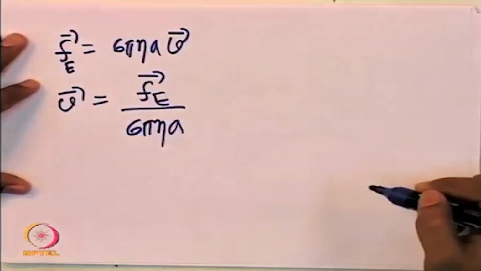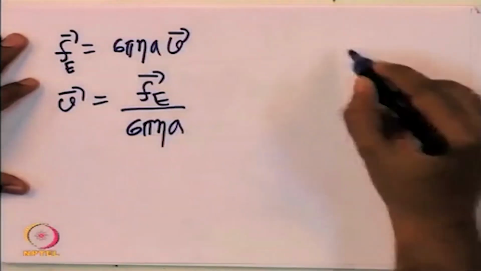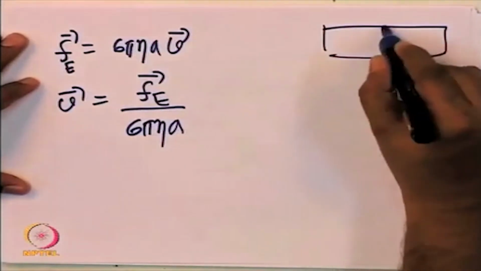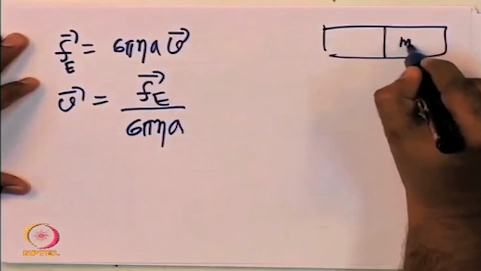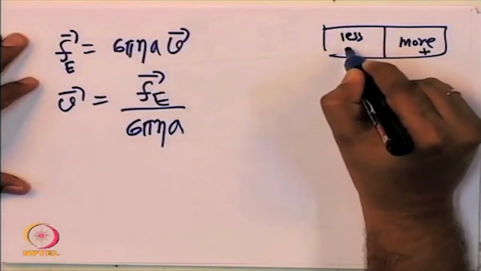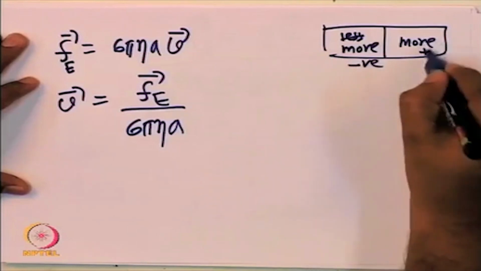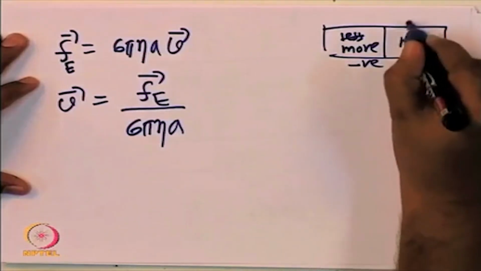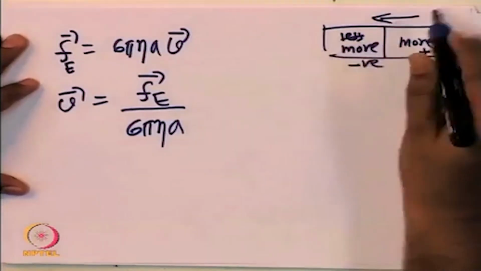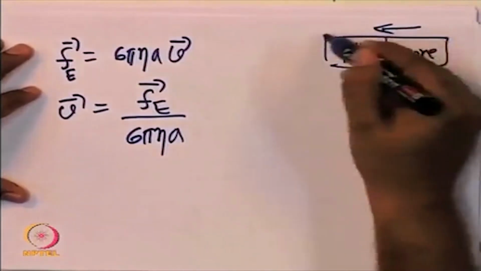We also know the direction of the velocity. It will go from more positive charge to less positive charge, or here from more negative to more positive. So the velocity direction will be in this direction, and the force direction also will be in this direction.